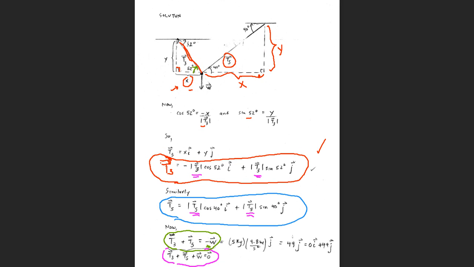So I'm taking the mass, 5 kilograms, and multiplying it by 9.8 meters per second squared. That's going to get me the component of that J vector. Where am I getting this from? This is mass times acceleration.